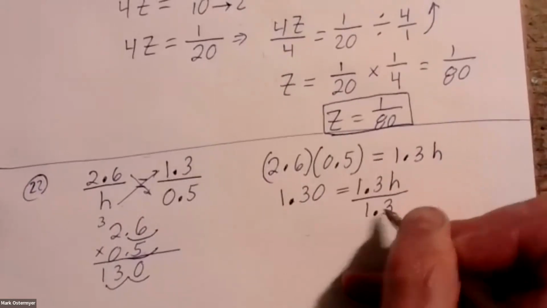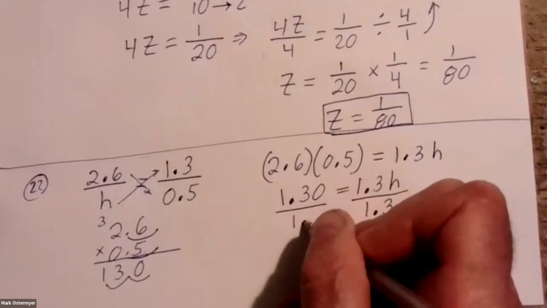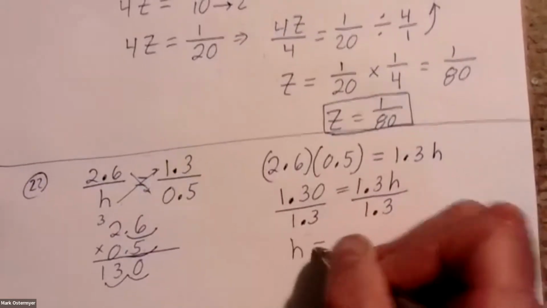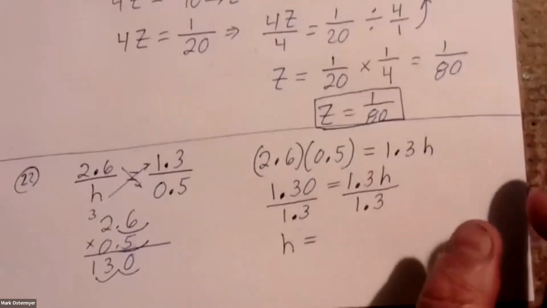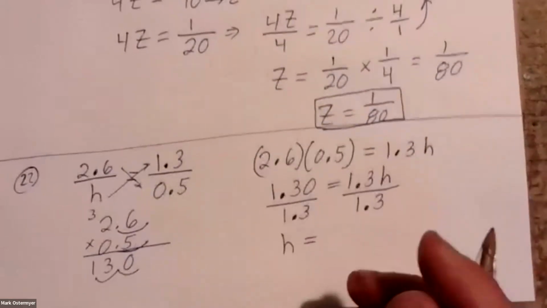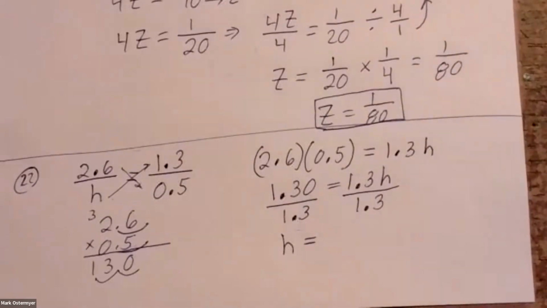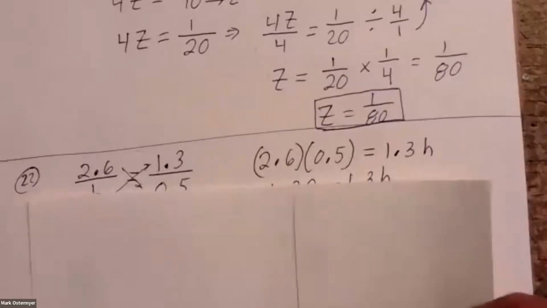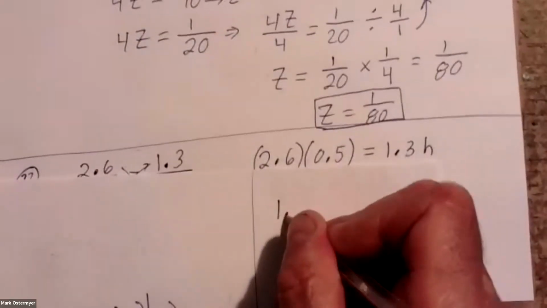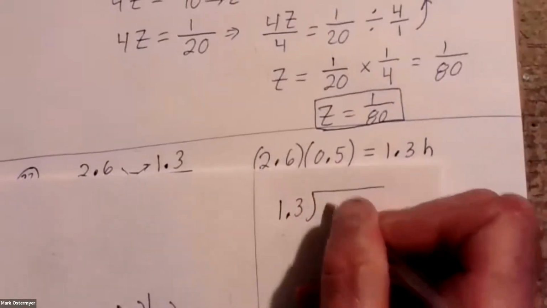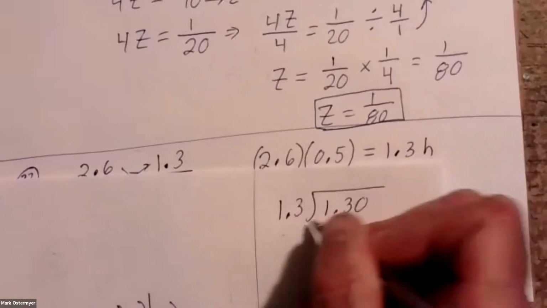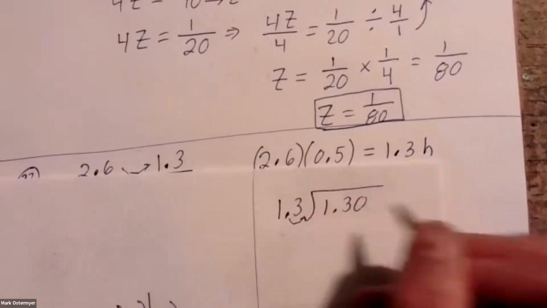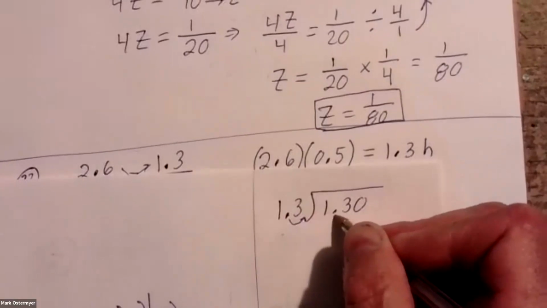Divide both sides by 1.3. And h is equal to what? What's 1.30 divided by 1.3? Well, we've got to divide 1.3 into what? 1.30, correct? Got to move the decimal one place to the right to make the divisor a whole number.